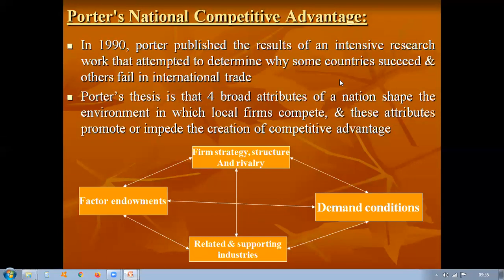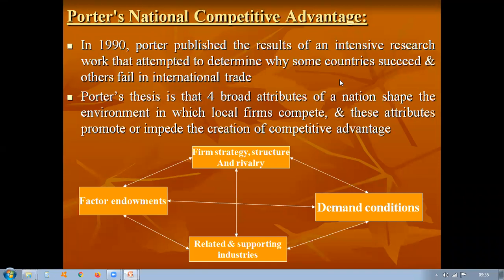So when a country is bestowed with abundant resources, naturally the companies from that country are in an advantageous position. Technology is an acquired one, so technology also gives a competitive advantage to the firm, which can be acquired. So acquired advantage is due to technology and skill development.